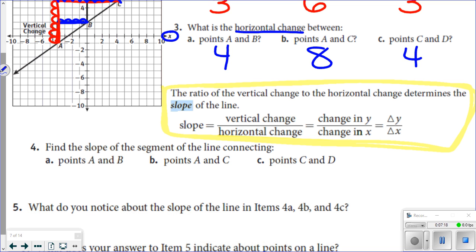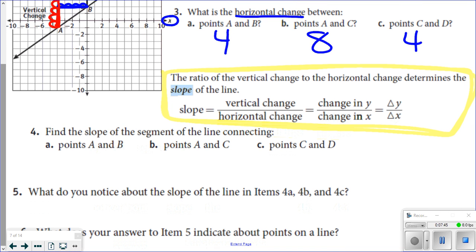And this symbol right here, this triangle, means the change in. So the change in y over the change in x. You can also think about slope as the measure of incline or decline of a line. And when we move forward, we're going to use the variable m, the letter m, to represent slope.